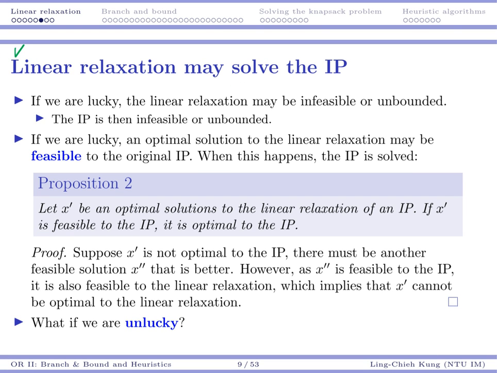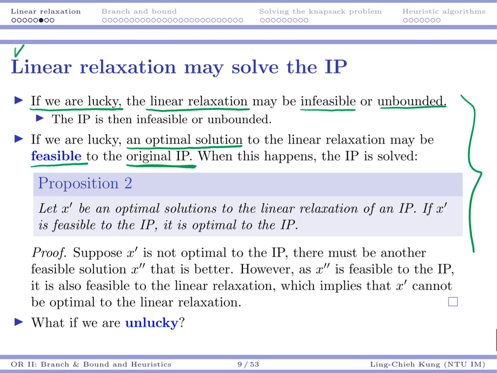That's good. But actually, if we are lucky enough, the linear relaxation may either be infeasible, unbounded, or give us some other solutions. So there are some cases when we have an optimal solution which is feasible to the original integer program. So in all these cases, we may say the original problem has been solved.